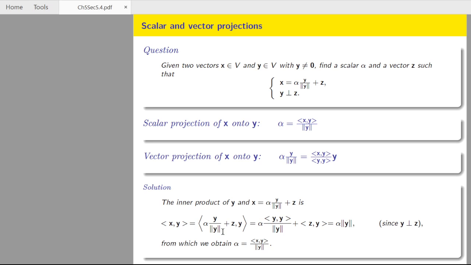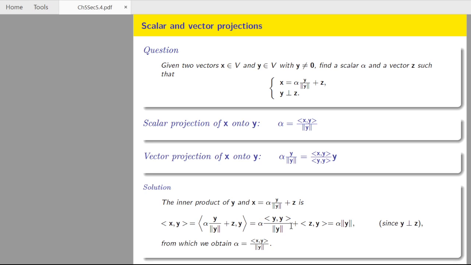Then we need to use the third property of the inner product. We move the constant alpha over the norm squared of y to the front and evaluate the inner product of y and y. So we get this term, and then the inner product of z and y.